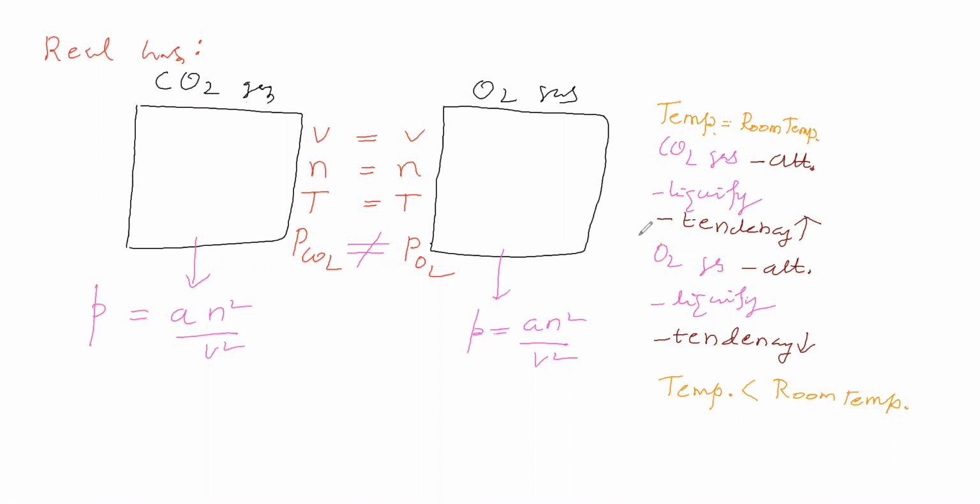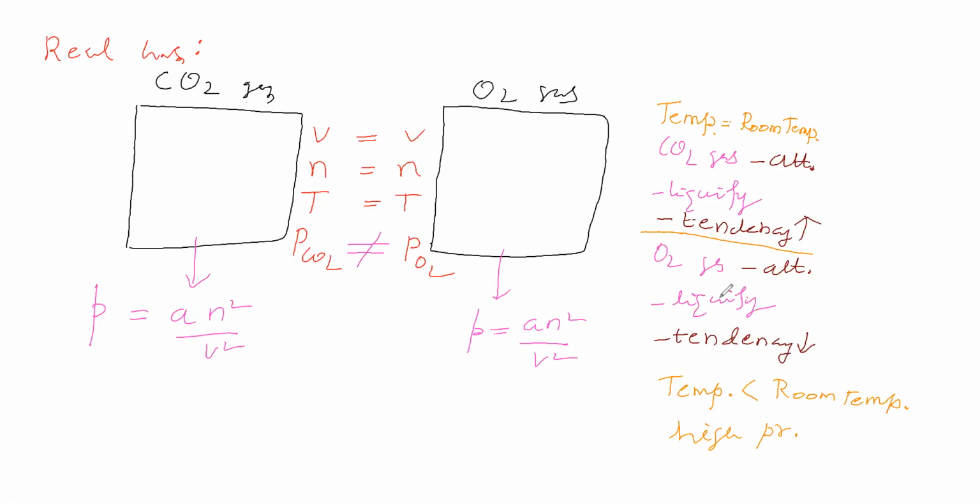Now, to liquefy these two gases, we have to apply pressure. Oxygen gas will be taken to this temperature, then high pressure will be applied over it. It goes through the Joule-Thomson effect and will be liquefied.